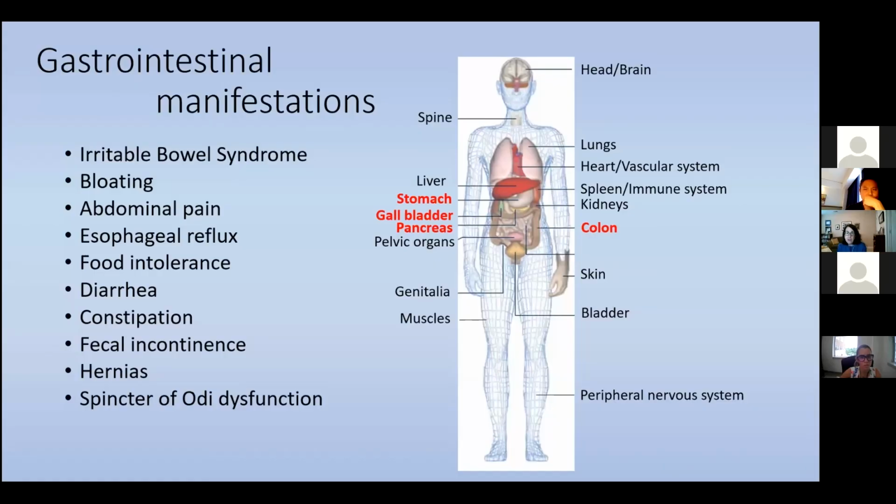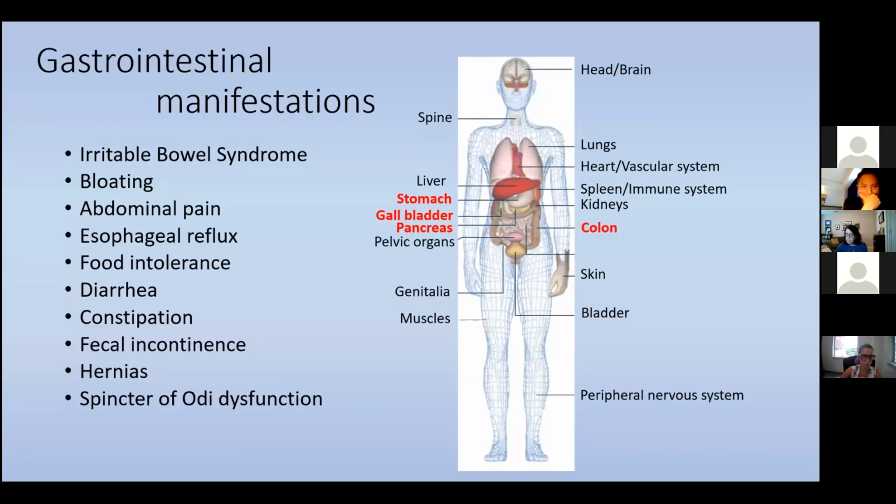GI manifestations are very common in this population. And again, I'm talking about both the hypermobile type of Ehlers-Danlos syndrome, hypermobility spectrum disorders, and also we see these complications in the classical type of Ehlers-Danlos syndrome as well, with irritable bowel syndrome, bloating, abdominal pain, esophageal reflux, food intolerance, diarrhea, constipation, fecal incontinence, hernias, and sphincter of Oddi dysfunction.